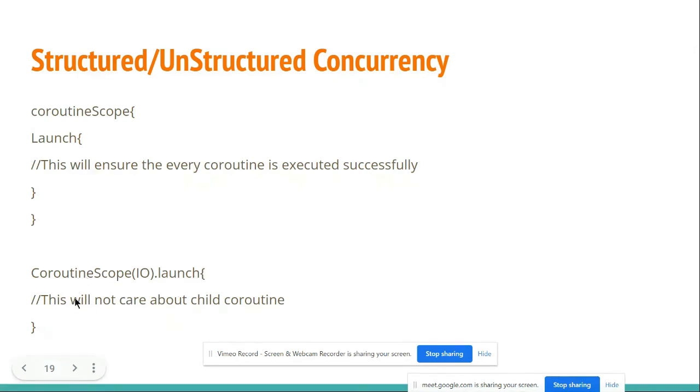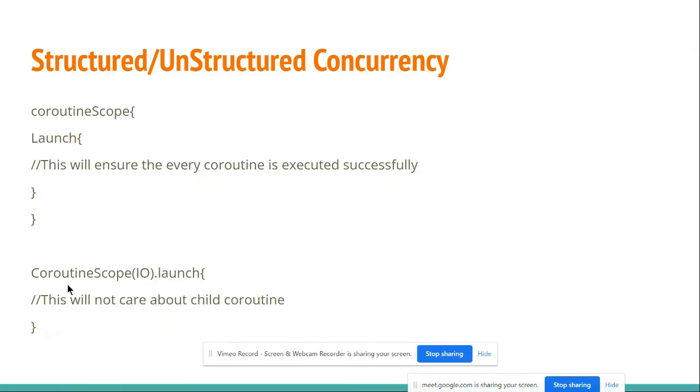And suppose we have one more coroutine inside this block. What will happen? It will not take care of whether the child coroutine has completed its task or not. It will only take care that the parent execution is completed. It will print the result whatever it is.